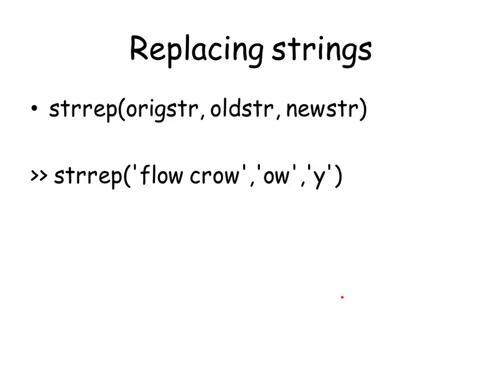Replacing strings. So in the previous example, I replaced a single character. All right? If you wanted to replace a larger set of characters, a word within your string, then you can no longer use the equal sign. Let's see why.